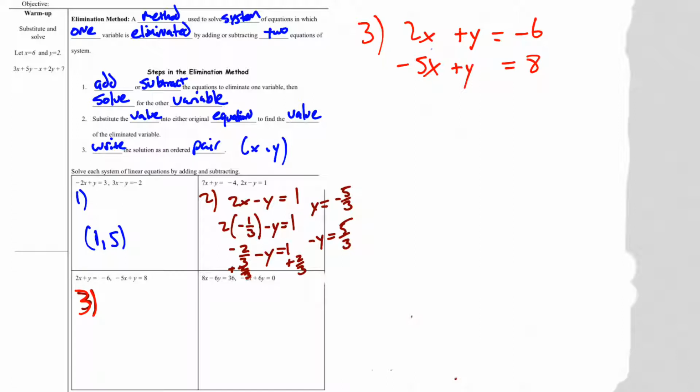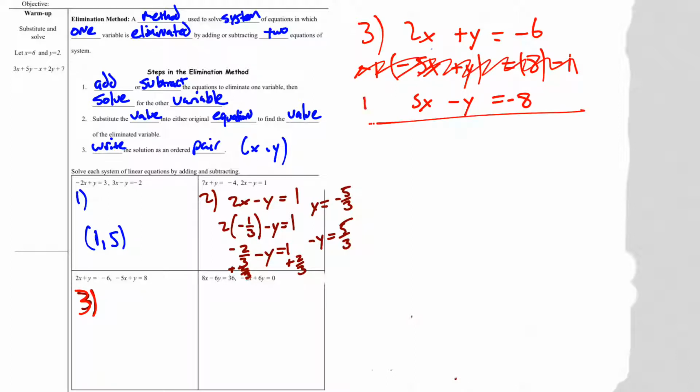One way to do that is to multiply this one, the whole thing, by negative 1. When I do that, I get 5x minus y equals negative 8.